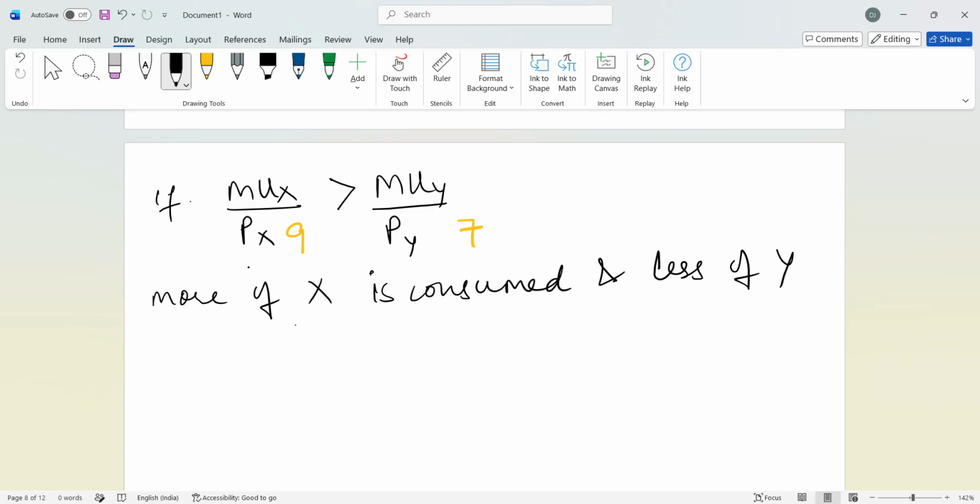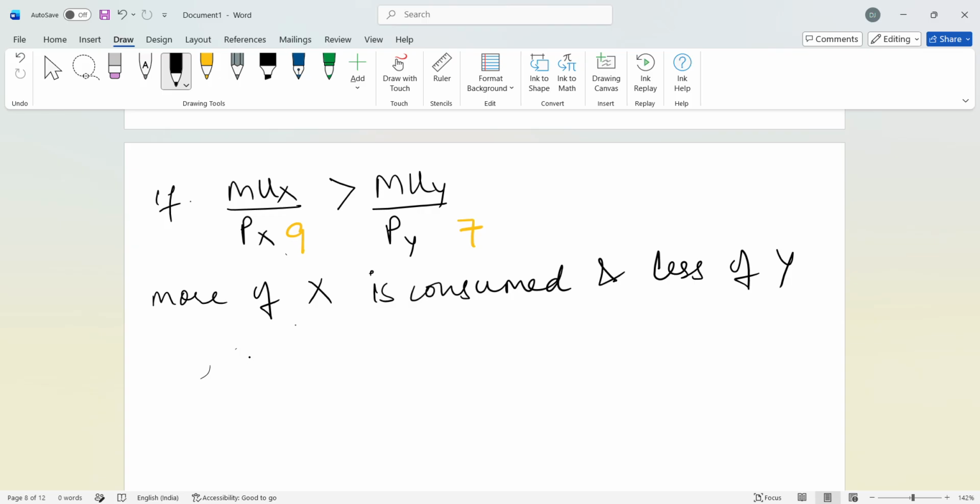But what will happen when I consume more of X? If you remember, according to the law of diminishing marginal utility, my marginal utility of X starts declining. It comes to maybe 8.75, then 8.5, then 8, then 7.5, and then to 7.